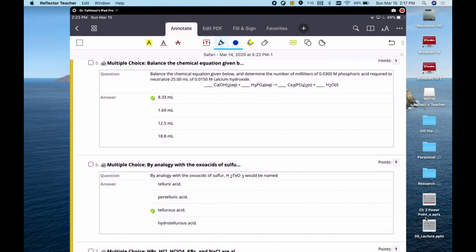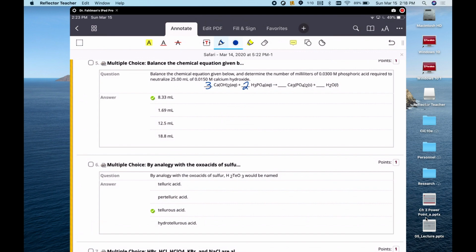This one is a type of titration, and you have to balance it first. So let's do calcium first, so that's a 3. Let's then look at the phosphate, so we got 2 of those, so let's do a 2. And then maybe the hydrogens.